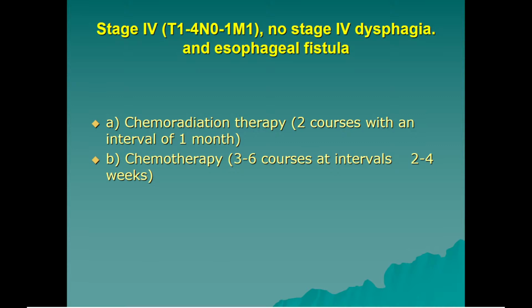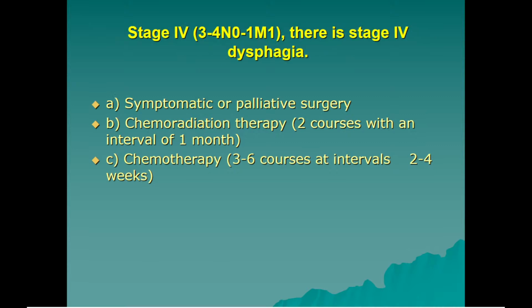Stage 4, no stage 4 dysphagia and esophageal fistula: chemoradiation therapy, 2 courses with an interval of 1 month, chemotherapy, 3 to 6 courses at intervals of 2 to 4 weeks.